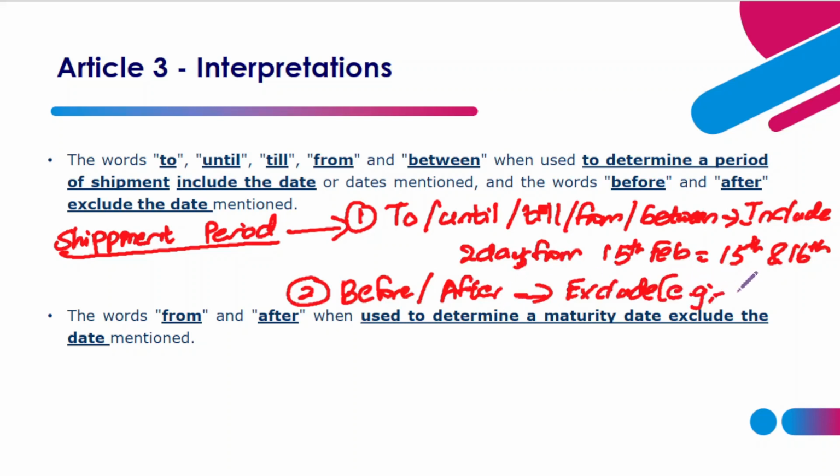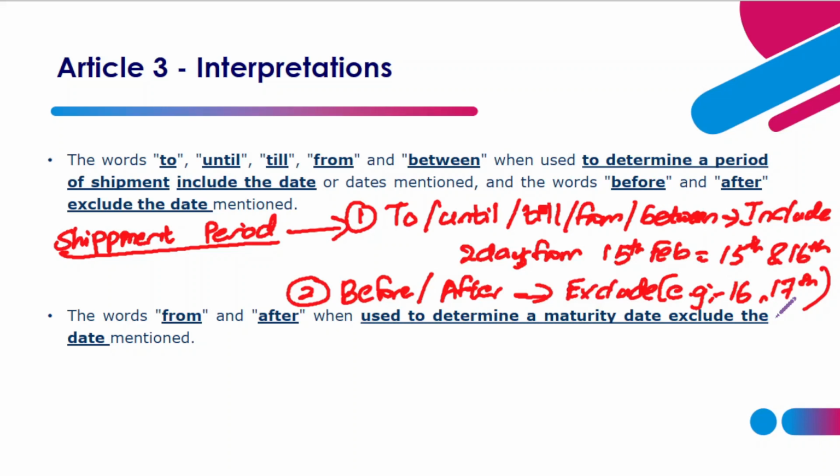The same example, if they say 2 days after 15th of February, you disregard the date mentioned, disregard 15th of February and count the next 2 days, which means shipment can come dated 16th and 17th. Excluding the date, you can count 2 days, which means even if the bill of lading is dated 15th, they will still accept it. But the maximum they would go up to is 17 February.